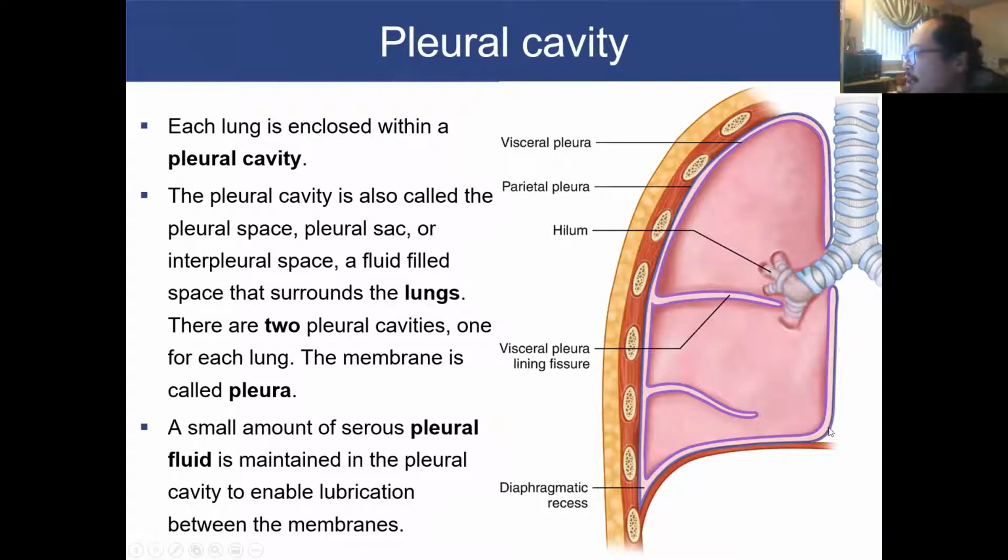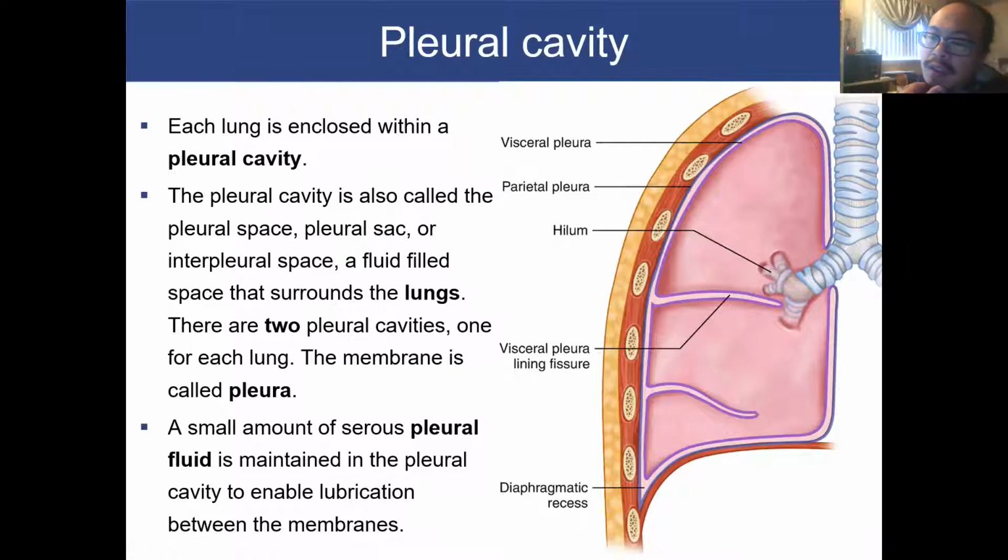So the outside one is called the parietal pleura. The parietal pleura interfaces with the muscle and the ribs right here. So that is the parietal pleura. So that's these two pleura.